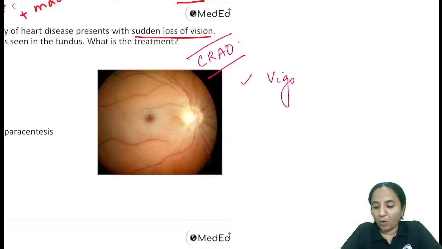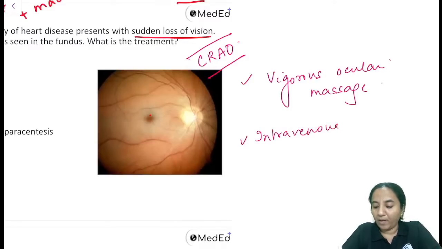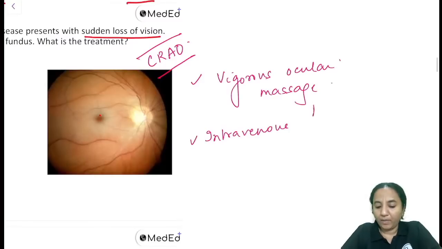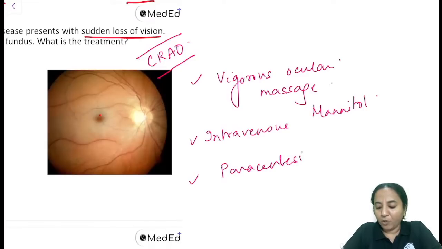So, vigorous ocular massage. If you do a vigorous ocular massage, it helps in the outflow of aqueous humor and the pressure will fall. Intravenous mannitol, provided the patient does not have any heart disease. So in this patient, that's not an option because it's a patient of heart disease. And we have paracentesis. Paracentesis means aspiration of aqueous from the anterior chamber.